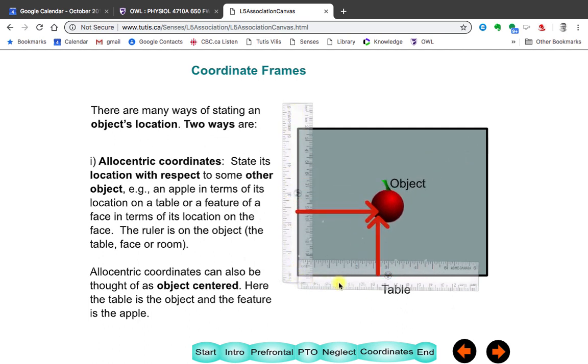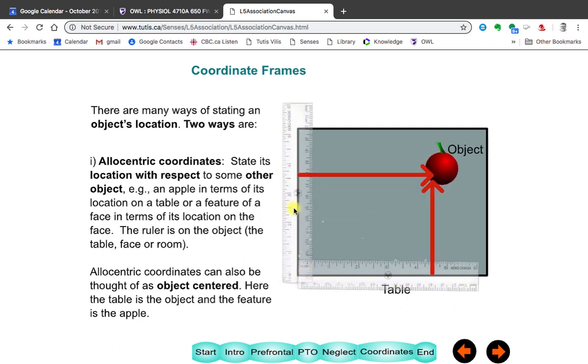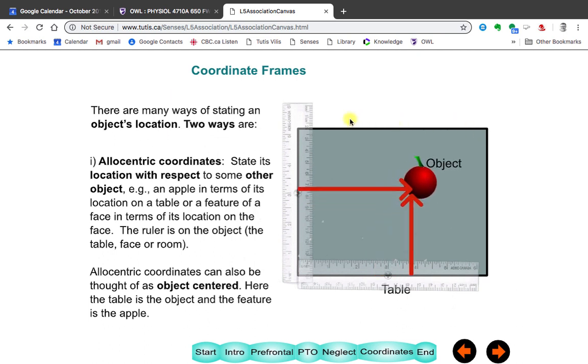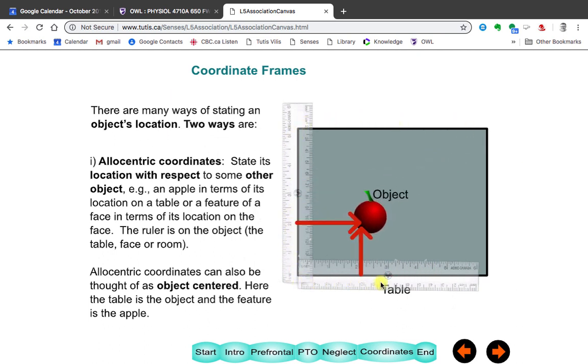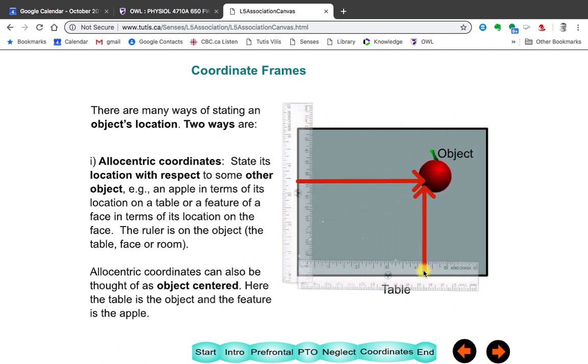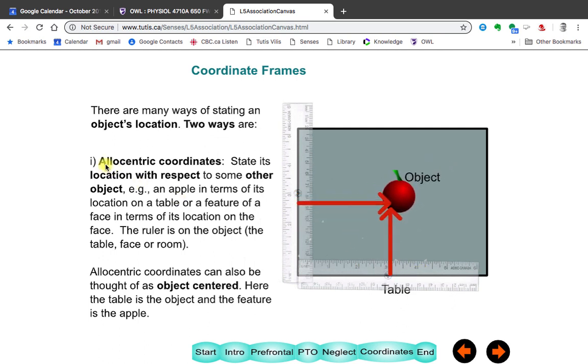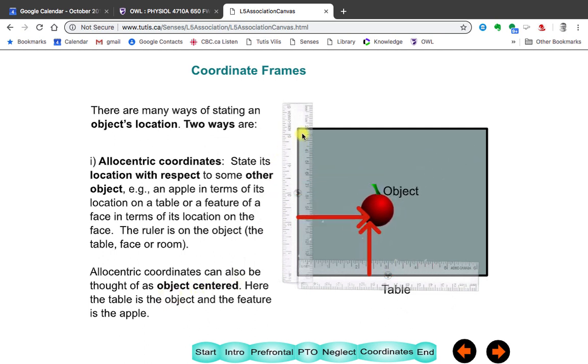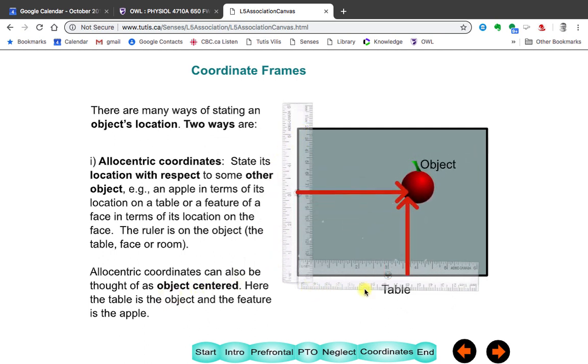And I've drawn this ruler on both sides. So you're measuring the object's location with respect to what you're attending to. In this case, it's the table. So this is called allocentric coordinates. Another name for it is object-centered, because you can think of the object being the table, and that's your frame of reference.